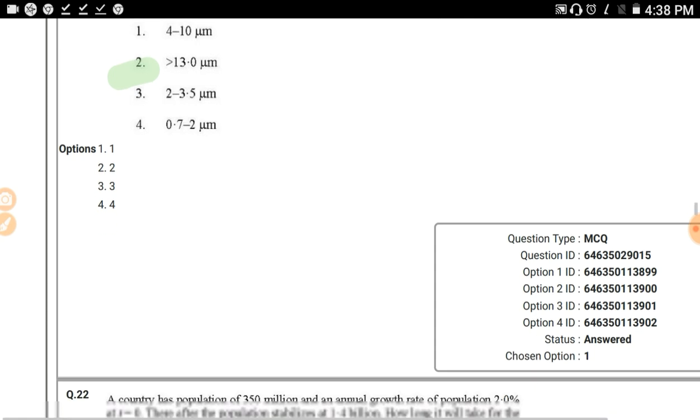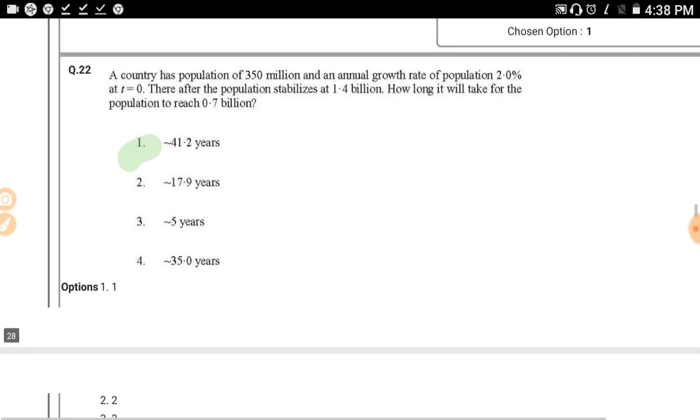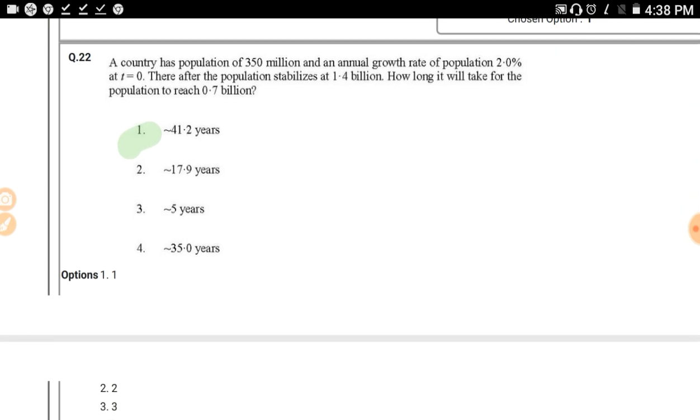Okay, next question. A country has a population of 350 million and an annual growth rate of population of 2% at time 0. Thereafter the population stabilizes at 1.4 billion. How long will it take for the population to reach 0.7 billion?